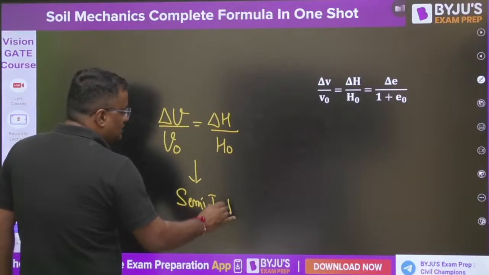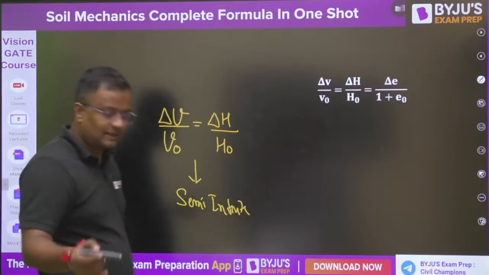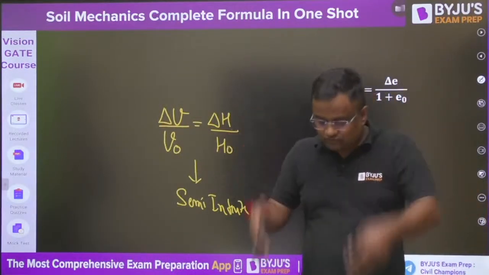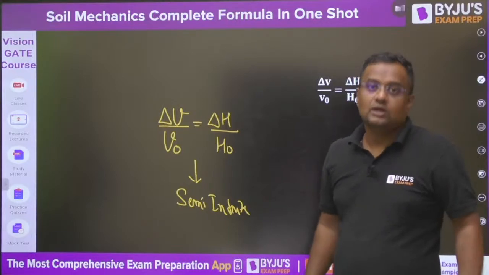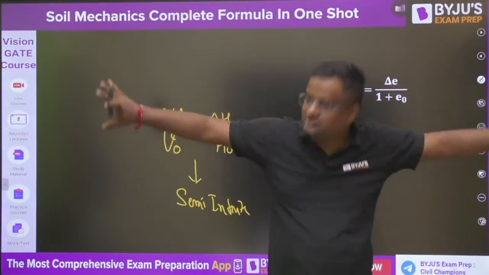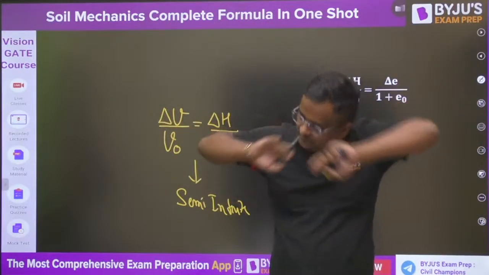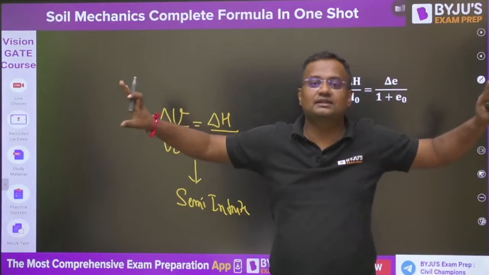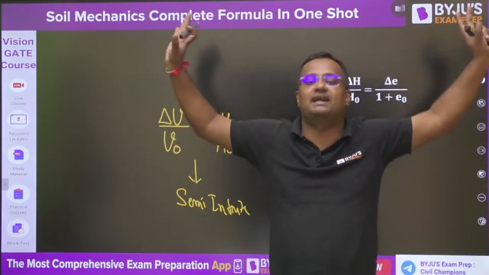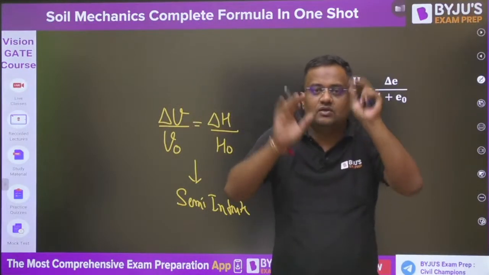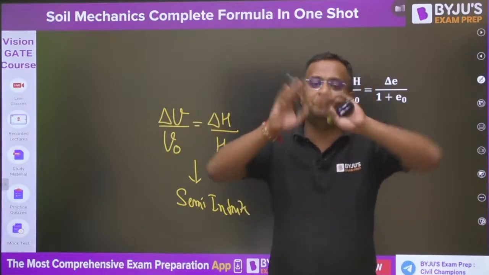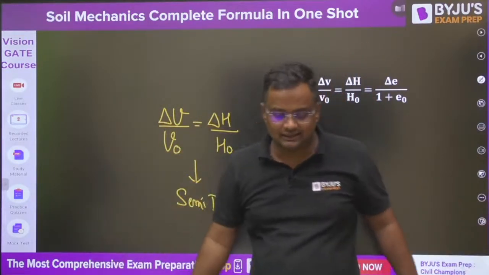Always in soil you measure the depth of clay, sand, gravel, and the depth of the water table, but you never measure that clay is 3 meters over how much area. So in the lateral direction, soil is considered infinite. Every change is in depth. Vertical movement of water is considered, not lateral movement.